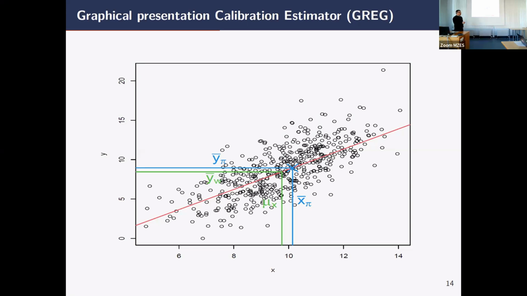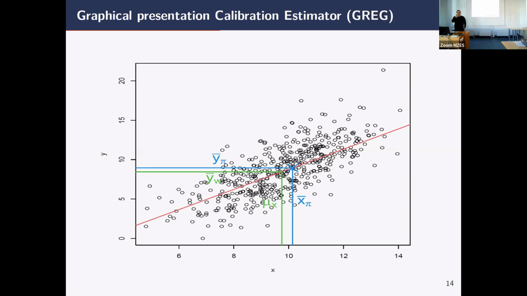And the means, because of the properties of this regression, have to be on the regression line. Okay, so the green line is now my calibration estimator or GREG estimator. So what I'm doing here, I'm exploiting this relationship between the auxiliary information and my variable of interest. And mu x is the known population mean of this auxiliary information.